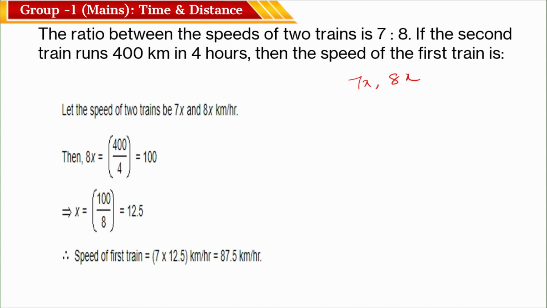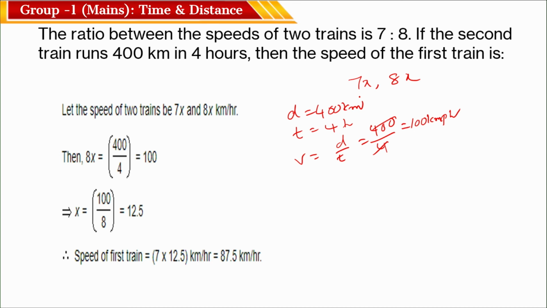So, the second train runs 400 kilometers in 4 hours. For the second train, the distance is 400 kilometers and the time is 4 hours. So, the speed is distance by time, that is 400 by 4, which is 100 kmph, correct? This is the speed of the train, but what is the given information, that it is 7x and 8x, because they are in the ratio 7:8.